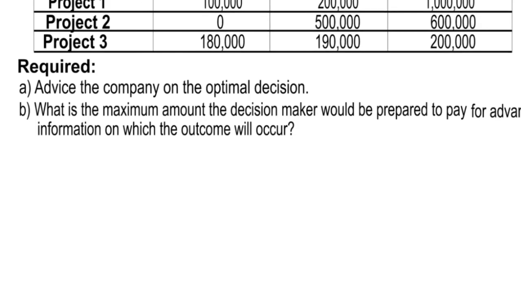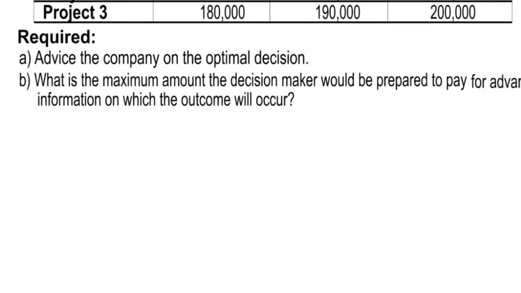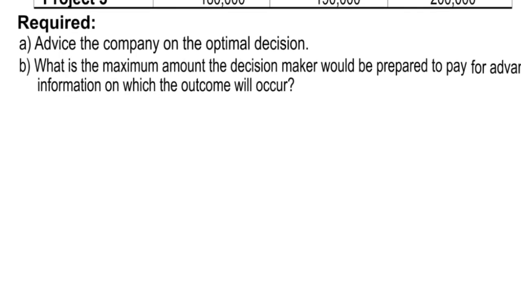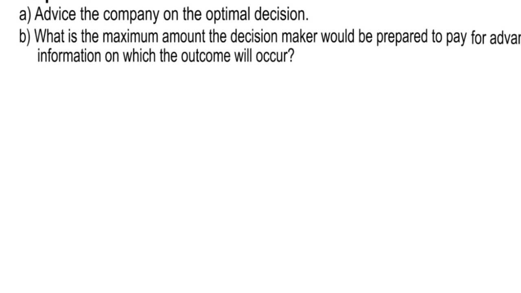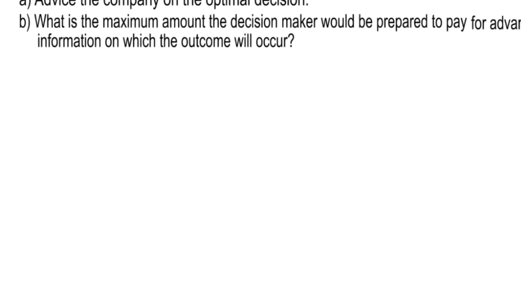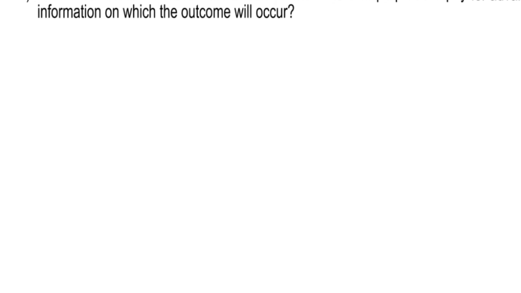Required: A, advise the company on the optimal decision, and B, what is the maximum amount the decision maker would be prepared to pay for advance information on which outcome will occur.